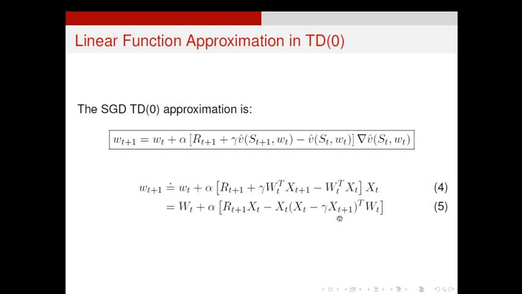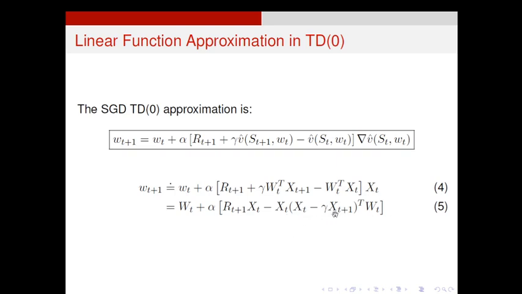This difference of X values is called the spatial difference or sparse difference, because Xt into Xt minus gamma into Xt plus 1 transpose is called the sparse difference. The sparse difference is a minor version of the covariance matrix. It is like a covariance, but in the case of the covariance formula there is a division term, whereas there is no division term here.